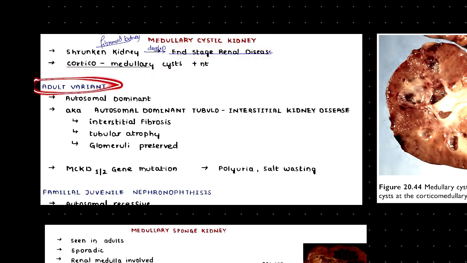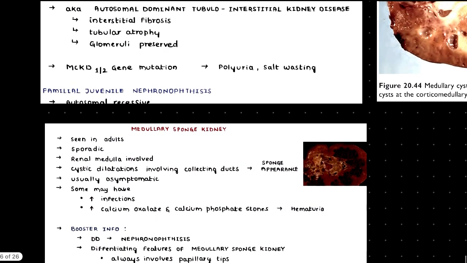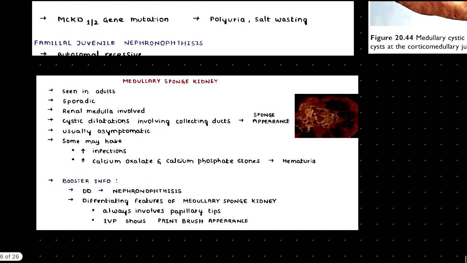There are two variants: the adult variant, which is autosomal dominant, and familial juvenile nephronopathy, which is autosomal recessive. It is also called autosomal dominant interstitial kidney disease, since there is involvement of the interstitium and tubular atrophy.